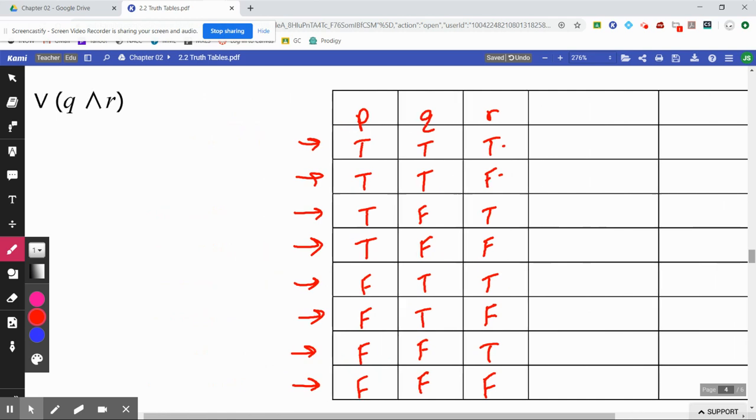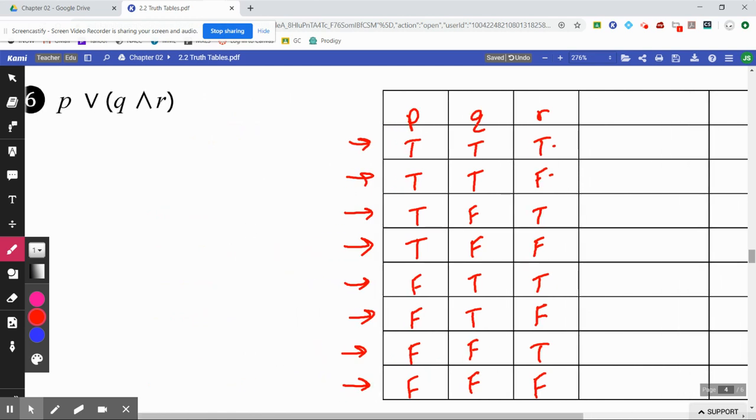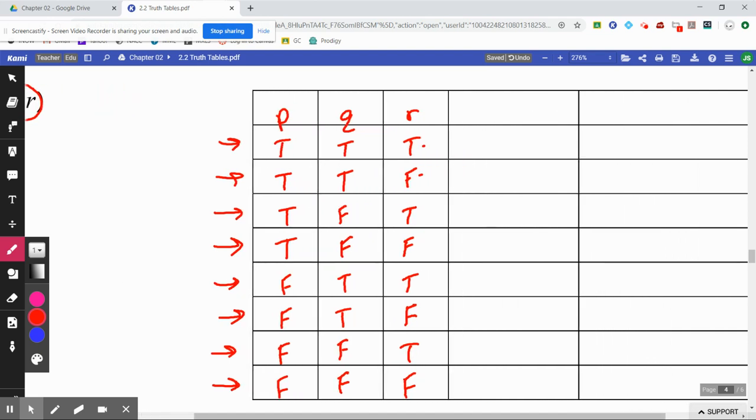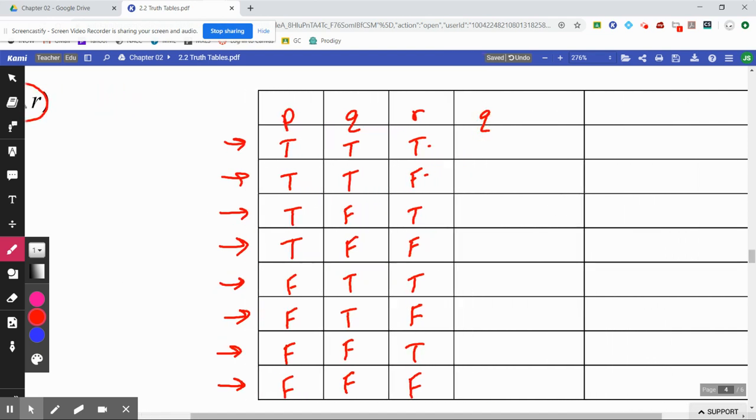Okay, next up, what about Q? Do the parentheses first. We're going to do Q and R, and I'm going to put it in parentheses to remind us that's the part of our problem in parentheses. For an and statement, remember that the only way Q and R can be true is if both must be true.